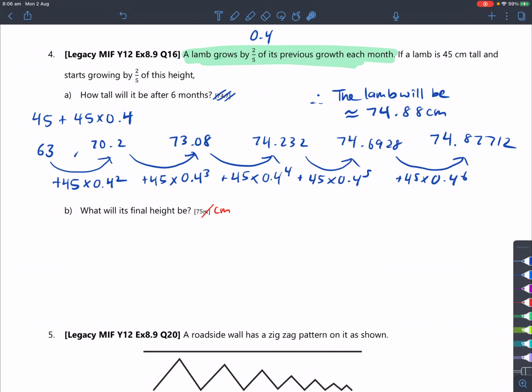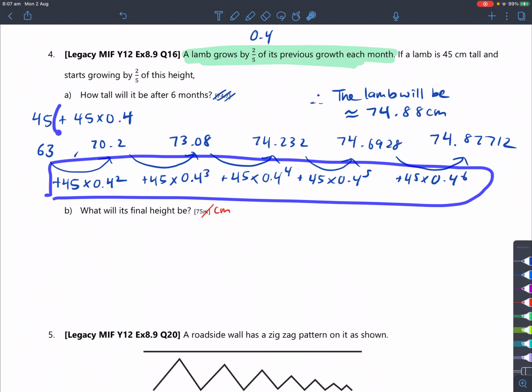Okay, so which means as time goes by, eventually, what is the limiting sum of all of this? Okay, so it's going to add all of these numbers here to that original 45.